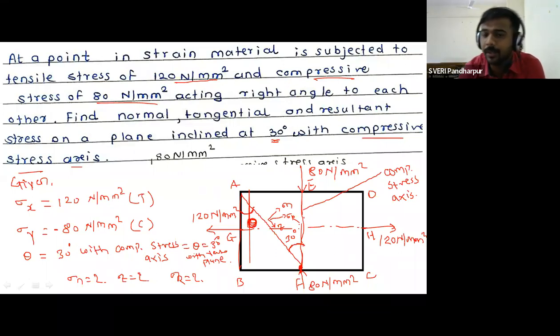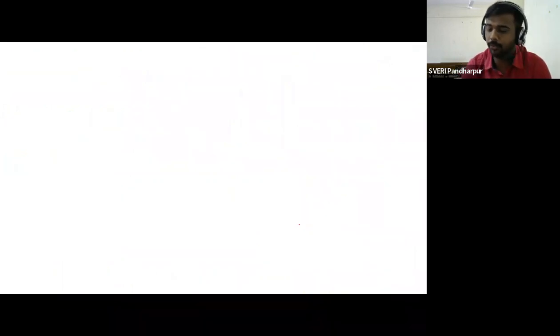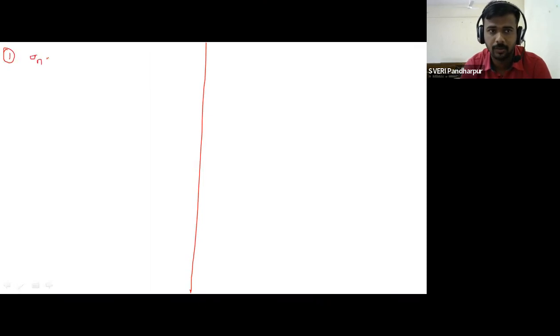So now, the figures we have drawn, we have all the values. Now go for the calculation one by one. So the first, sigma n is equal to (sigma x plus sigma y) divided by 2 plus (sigma x minus sigma y) divided by 2 into cos 2 theta.